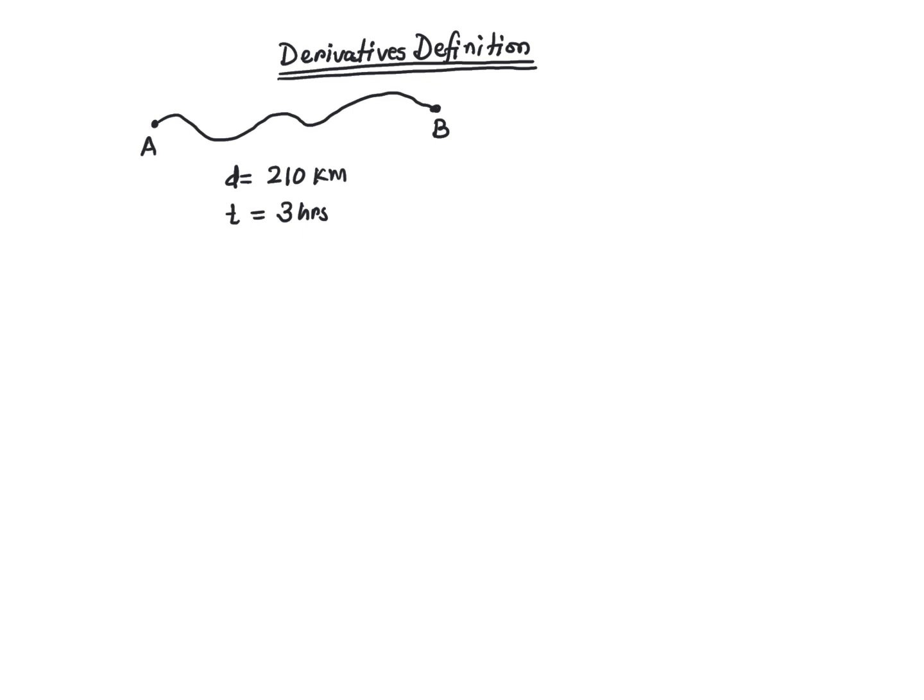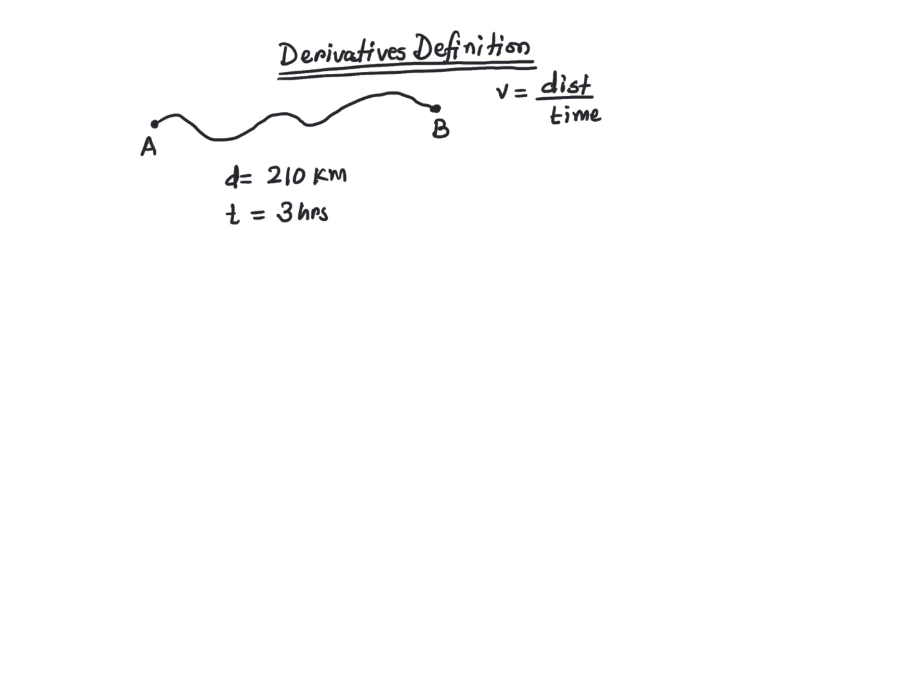So what is the average velocity over this distance? In going from A to B, what is the average velocity? The average velocity is V is equal to distance covered divided by the time it took. Very simple formula.